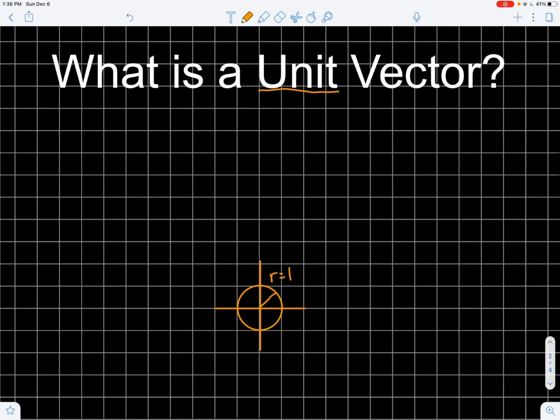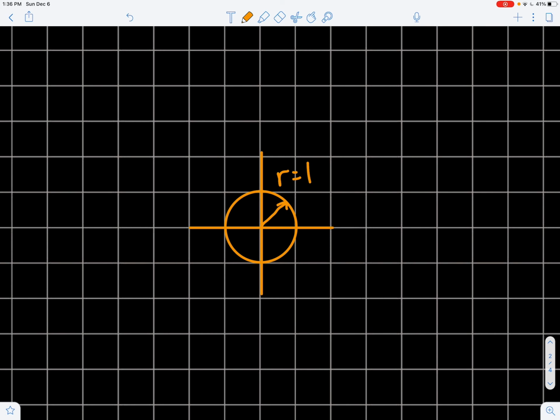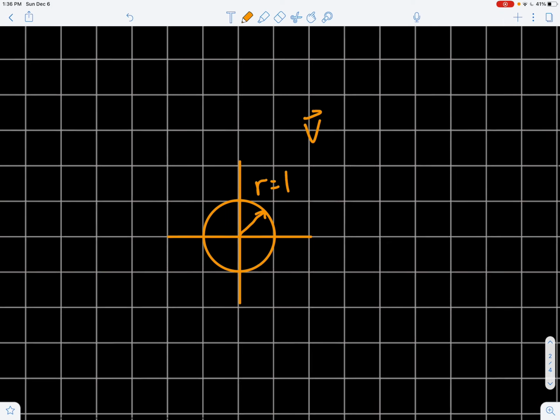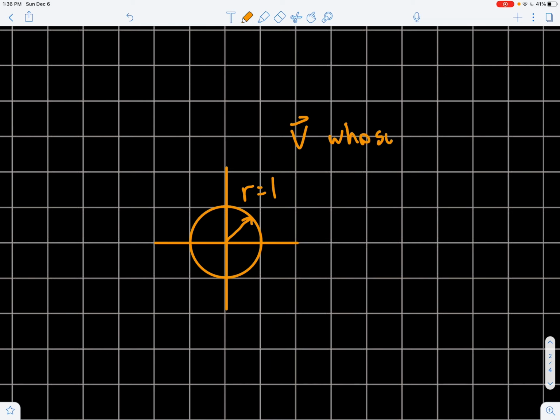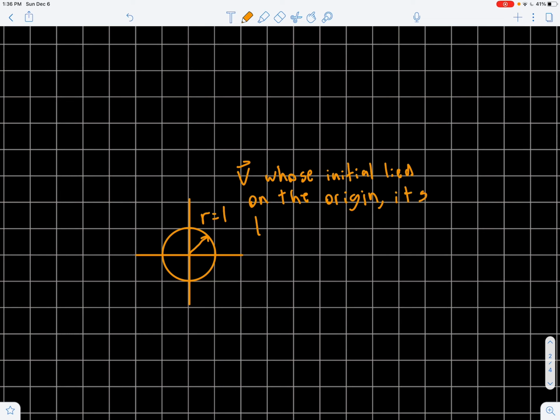Well, we can define a unit vector if we want to do it really fancy. We can say any vector v whose initial point lies on the origin, its terminal point would lie on the unit circle.